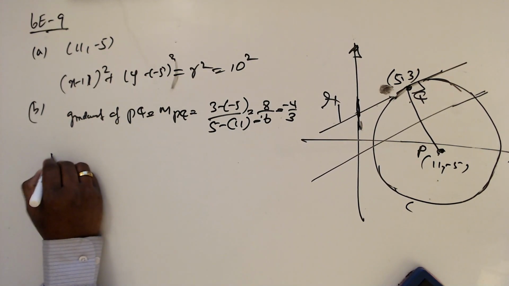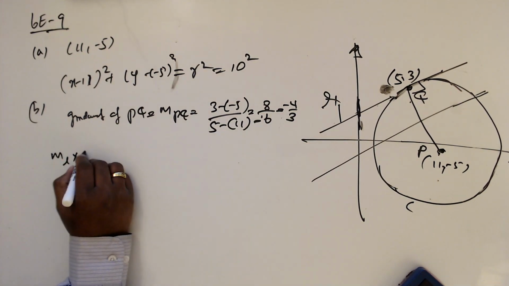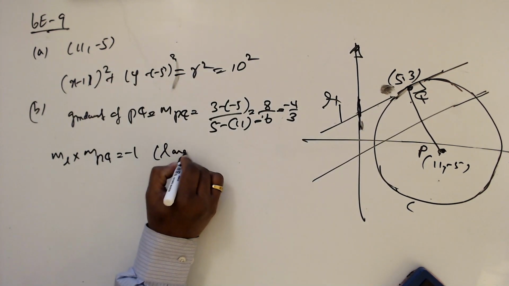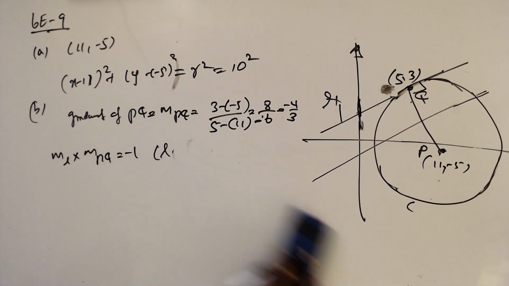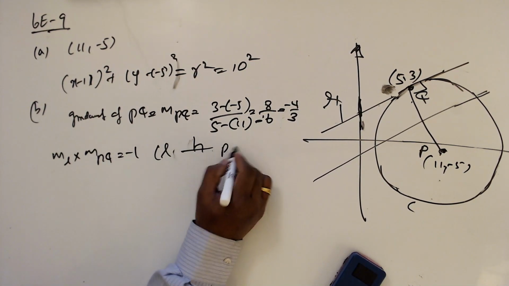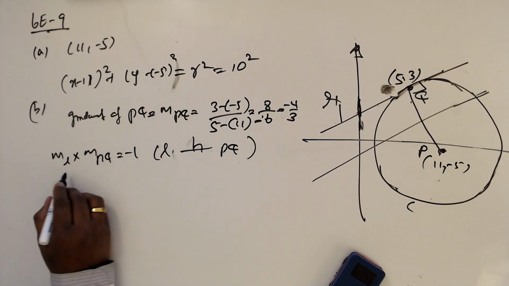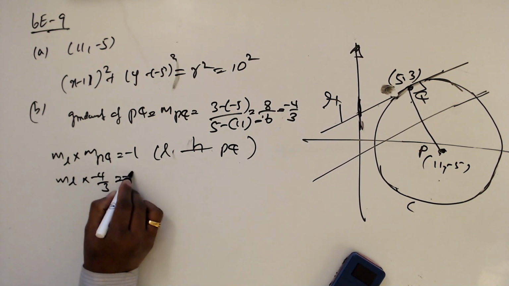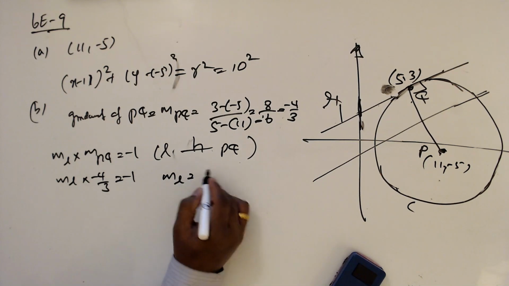Now we know that the product of the gradients of L and PQ is -1, as L is perpendicular to PQ. So m_L times m_PQ = -1, so m_L times -4/3 = -1. m_L is 3 over 4.